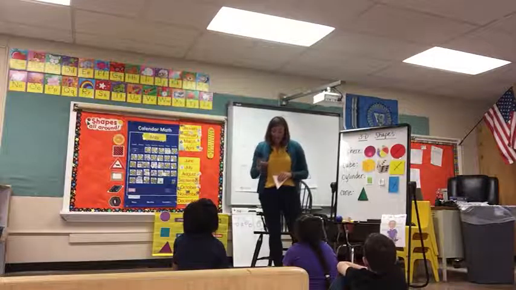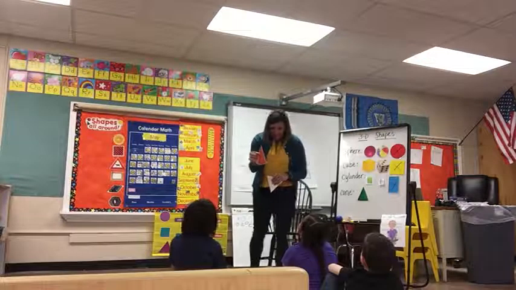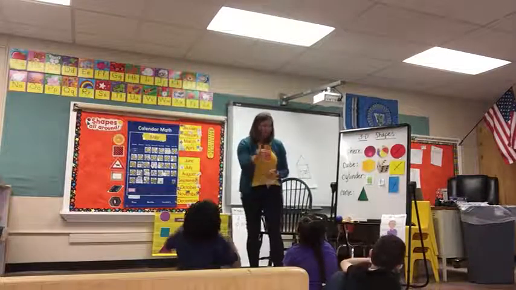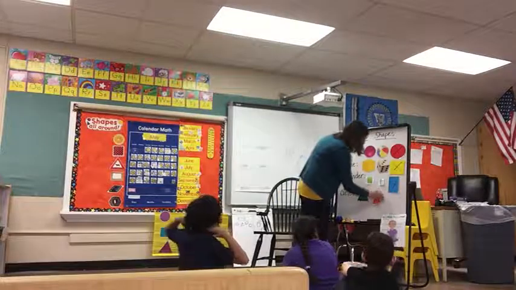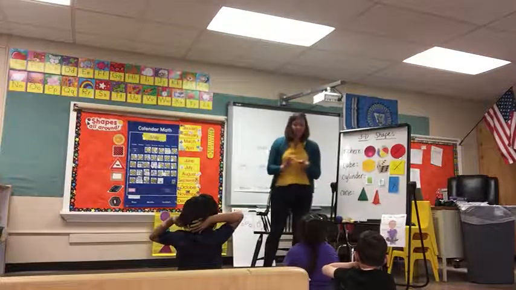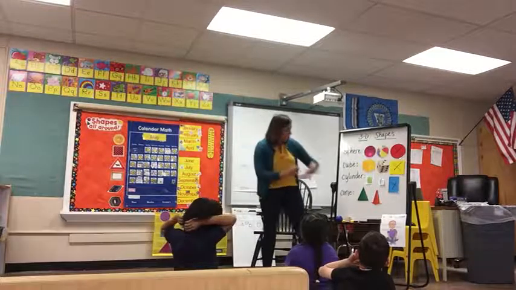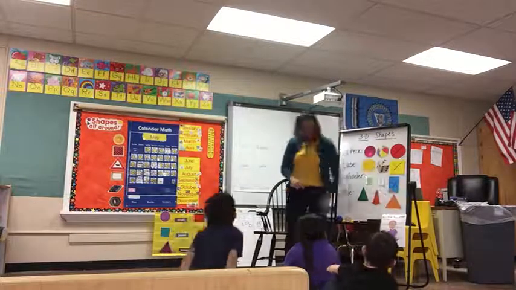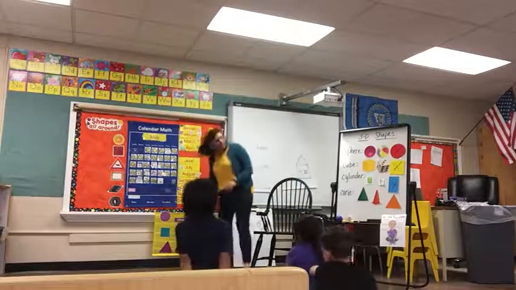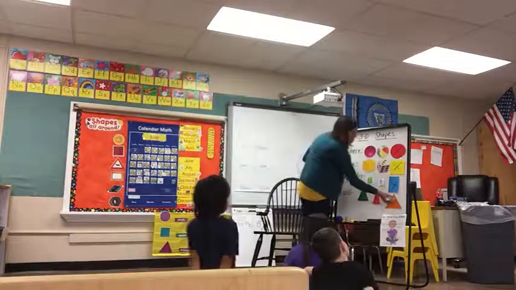Here's a pylon cone. What shape is this? Cone. This triangle is not a cone. This triangle is flat. It is not a cone. It is a triangle. We're going to put the X.